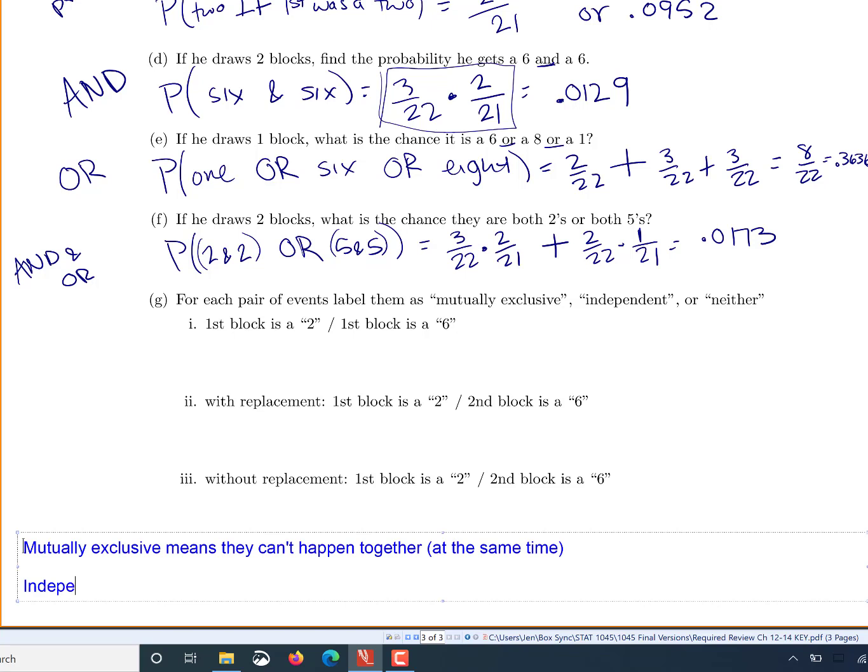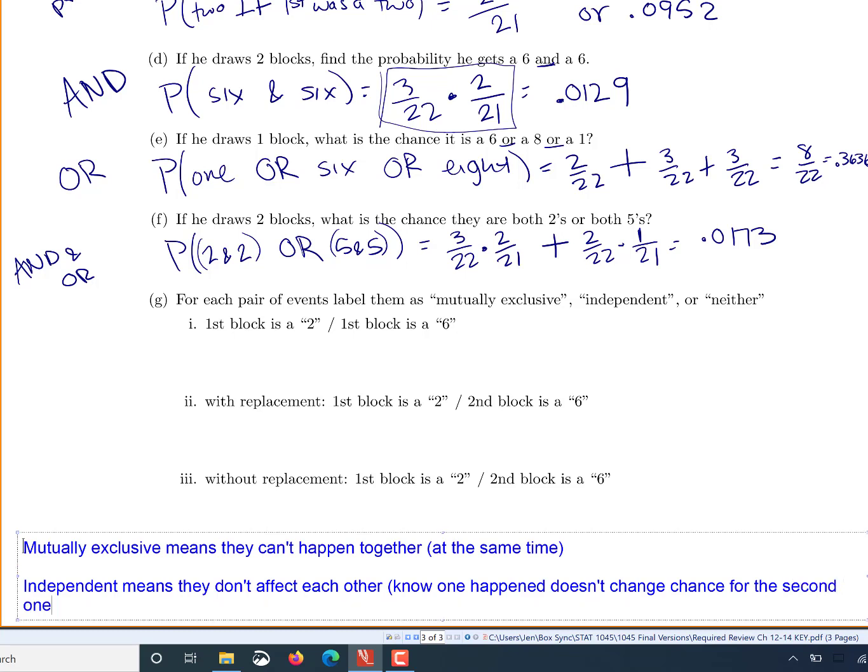Okay. Independent means they don't affect each other. Or knowing one happened doesn't change the chance for the second one. So those are our definitions.